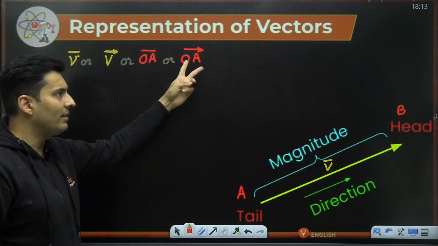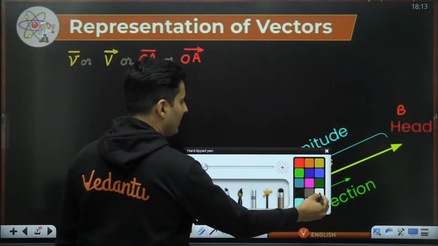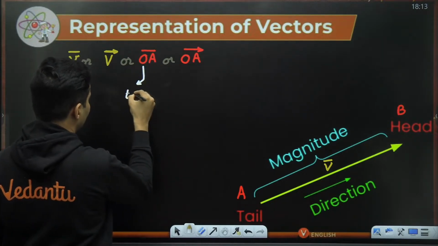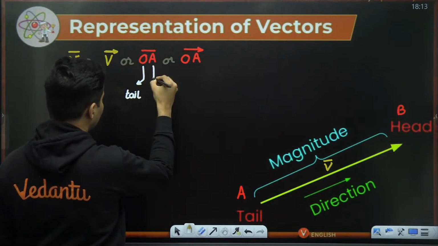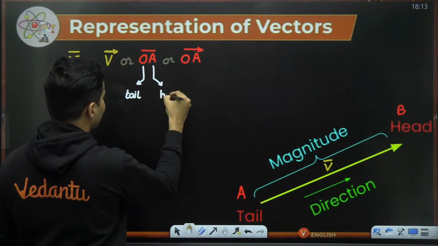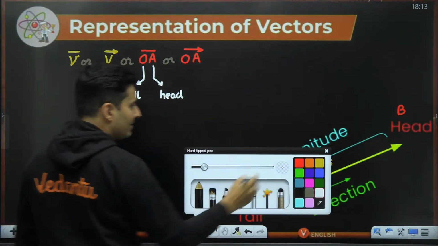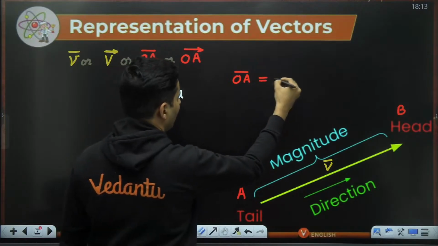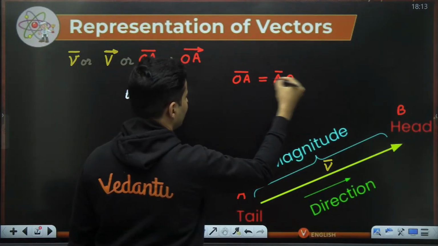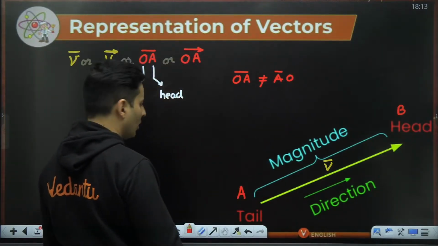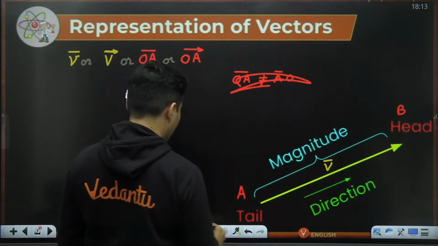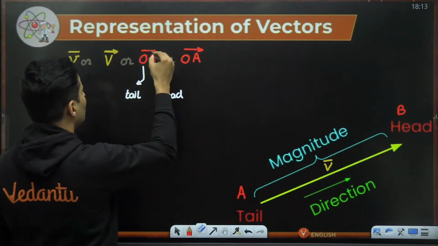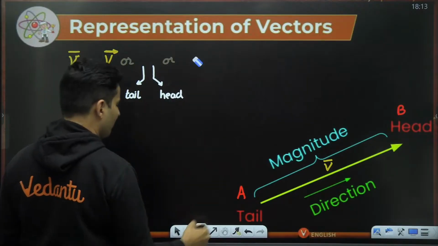When you use two alphabets, please keep in mind that the first alphabet is always the tail and the second alphabet is always the head. So please keep in mind that OA vector or AO vector is not the same. It is definitely not going to be the same. In this case, the tail that I have taken is A and the head was B. So I should use the same symbols over here.